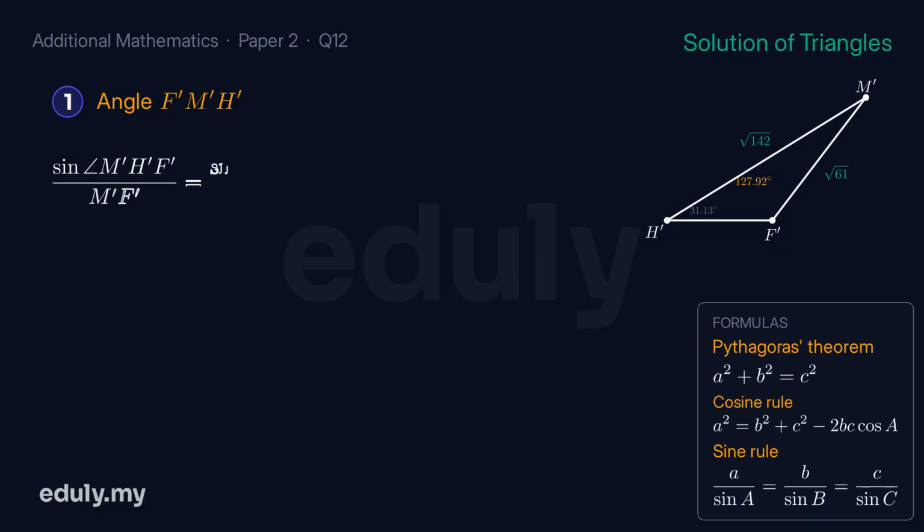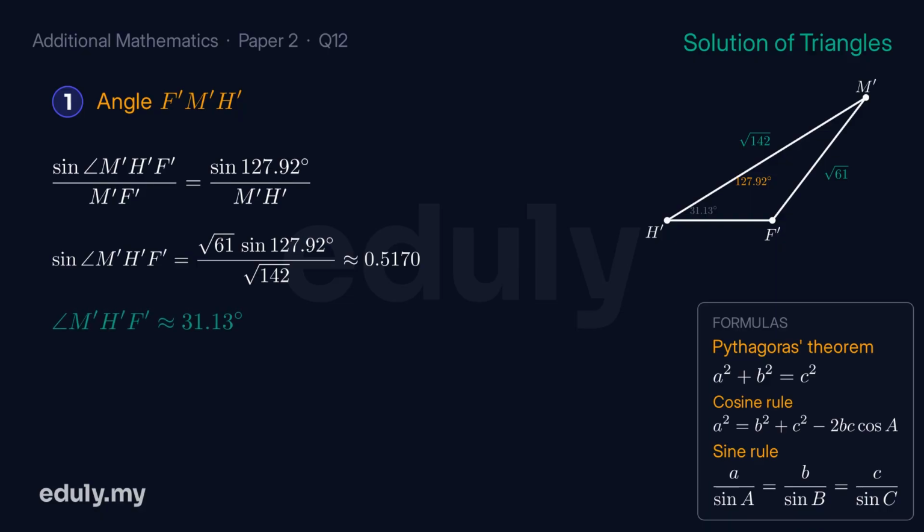The side root 61 faces the angle at H prime, and root 142 faces the obtuse angle. Solving gives 31.13 degrees, matching the angle at H exactly as required. The three angles add to 180, so the top angle at M prime is 20.95 degrees.